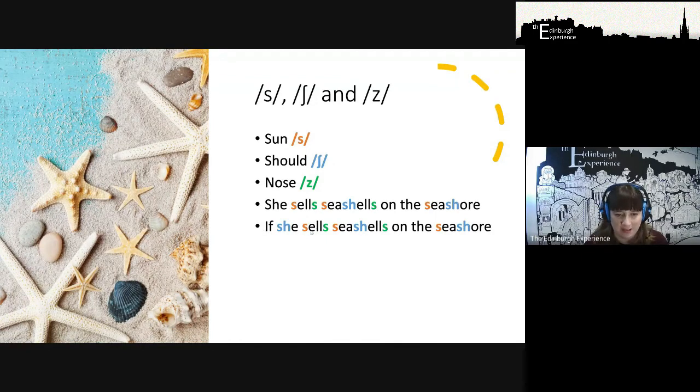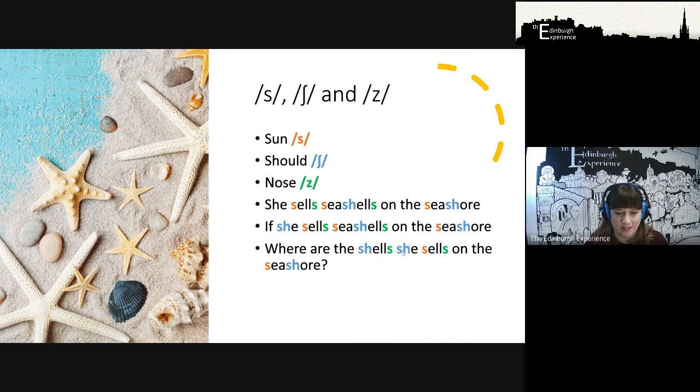If she sells seashells on the seashore, where are the shells she sells on the seashore? Okay, try with me.